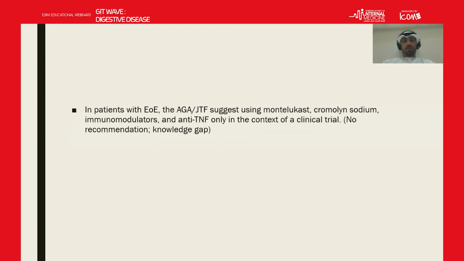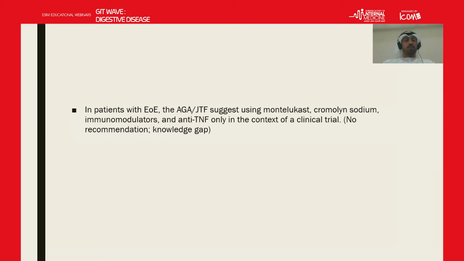And also, they suggest using montelukast, cromolyn sodium, immunomodulators, or any anti-TNF only in the context of a clinical trial. So all monoclonal antibodies, according to the latest AGA JTF guidelines, should be used only within clinical trials.